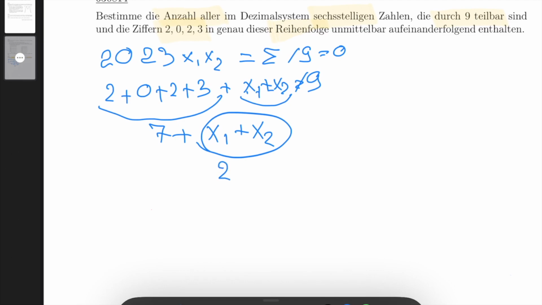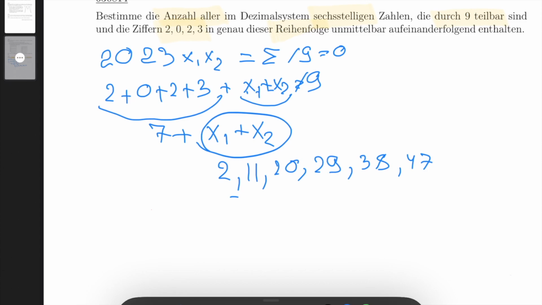So x1 plus x2 should be 2, because 7 plus 2 is 9, or the next one, 11. Then plus 9 is 20, then 29, then 38, then 47, right?